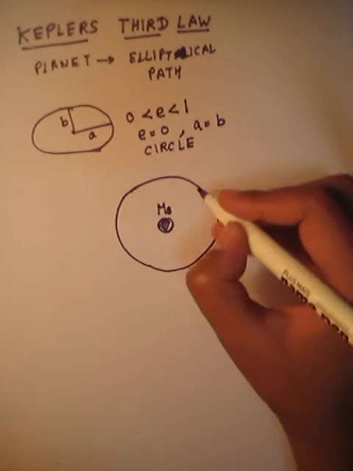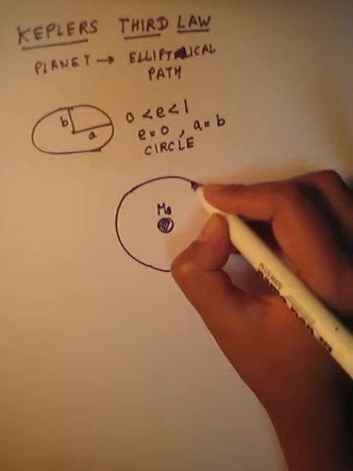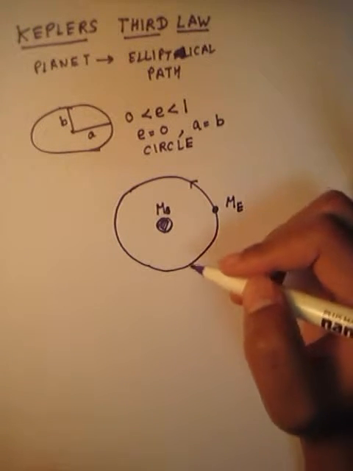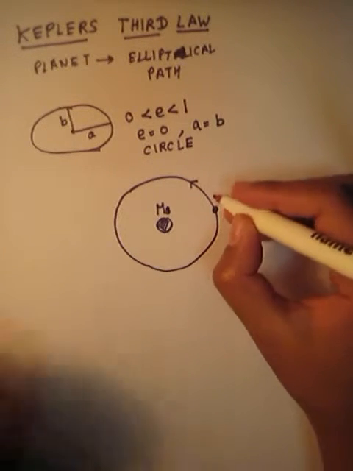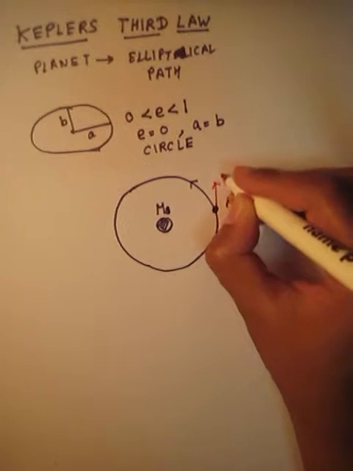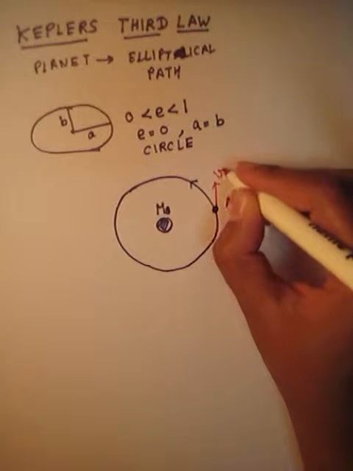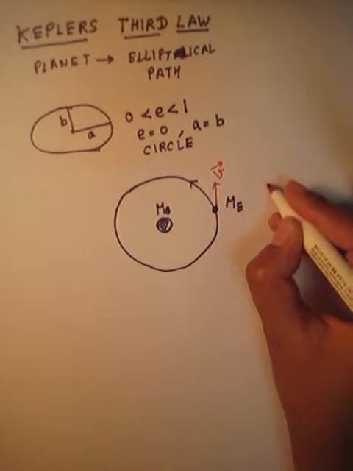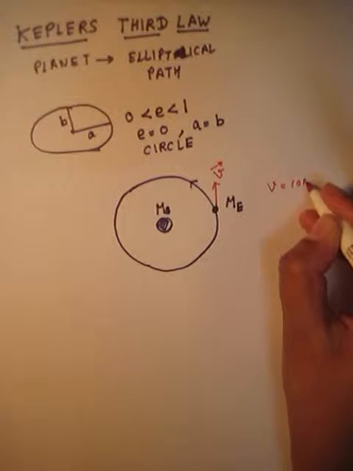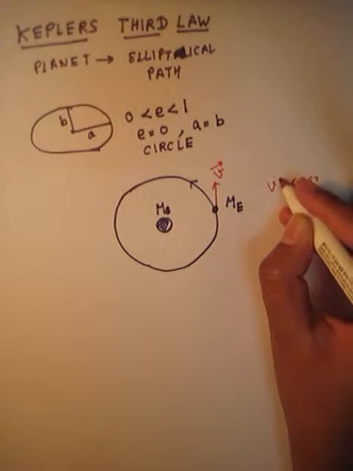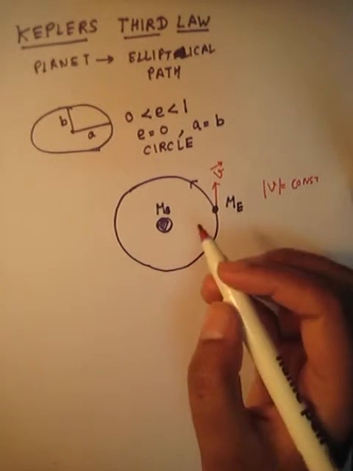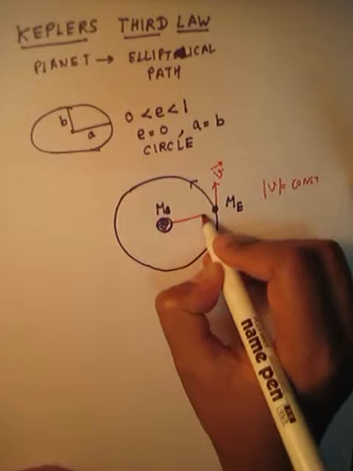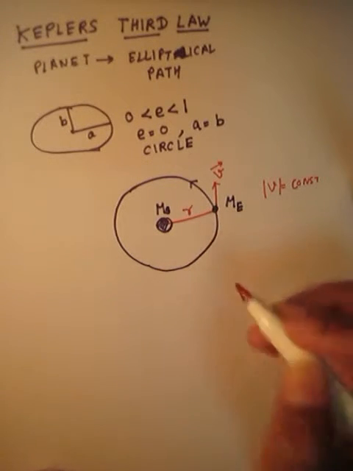It is moving around the sun, let us say counterclockwise, with a velocity at a particular moment. Let us say the velocity is tangent at this point. The velocity doesn't change, so it has a constant magnitude. The direction is changing, but the velocity magnitude is constant. And let us say this distance is r.